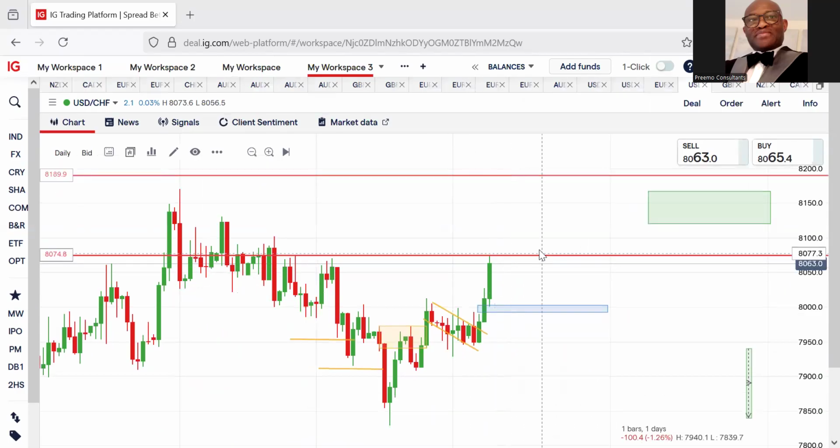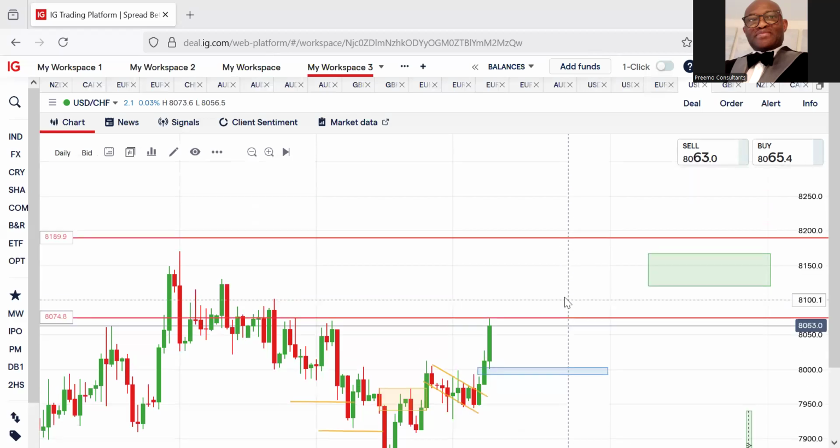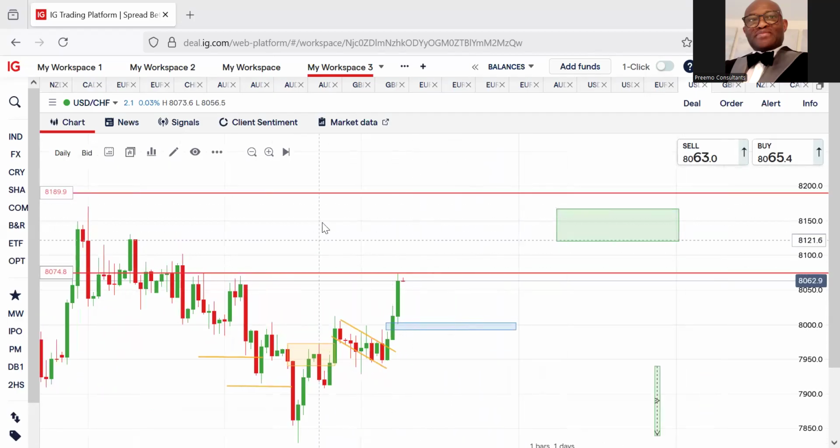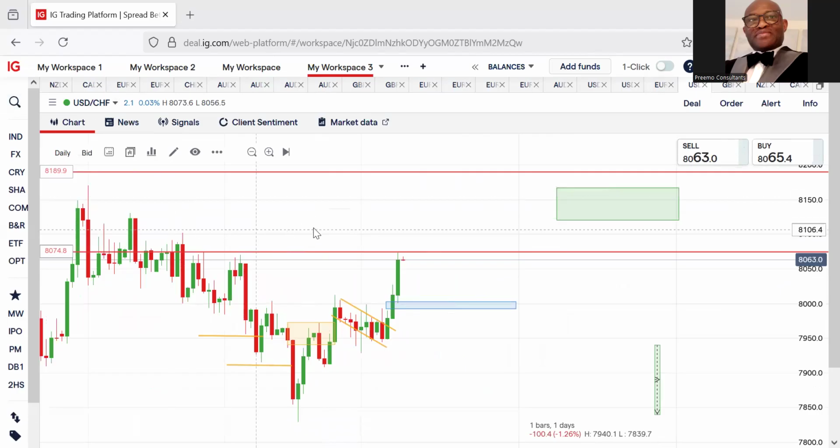Hopefully, if it gets past this first resistance level, it's going to target the next one around here. But before it gets to the next resistance level, as with any financial instrument, there's a high probability that it's going to pull back to the nearest fair value gap zone there.